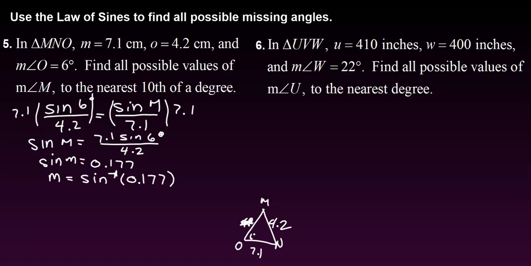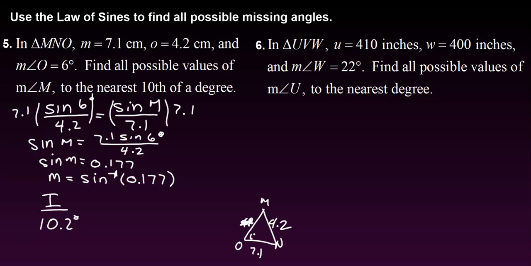That's going to give me the value that's in quadrant 1, which is 10.2 degrees.